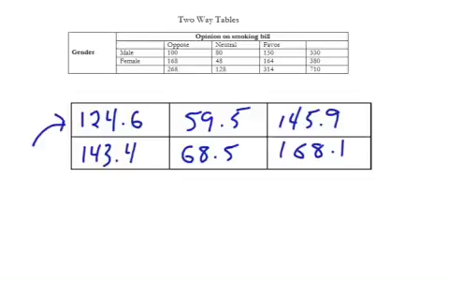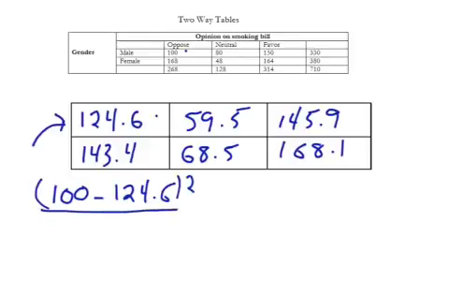We take our observed value, so for this first cell we take 100 and our expected value, 124.6. We find the difference, square it, and divide by our expected value, 124.6, and that will be the contribution for that cell.